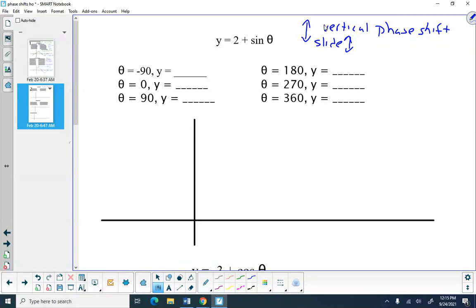If we once again space these out by 90, and we're going to have to count up, let's count up 4 spaces along the y-axis.